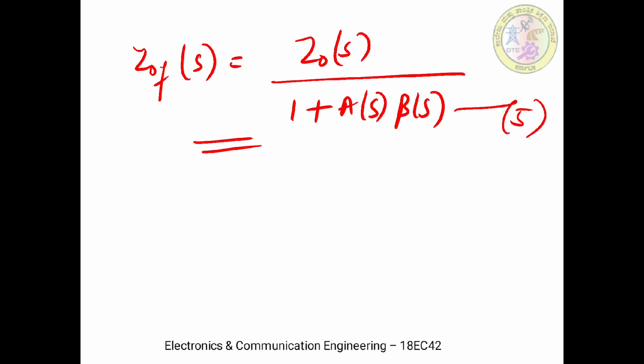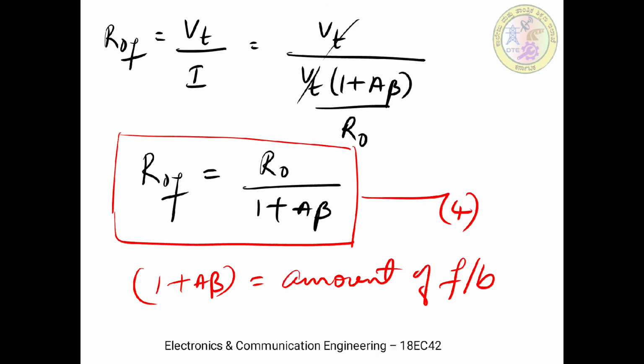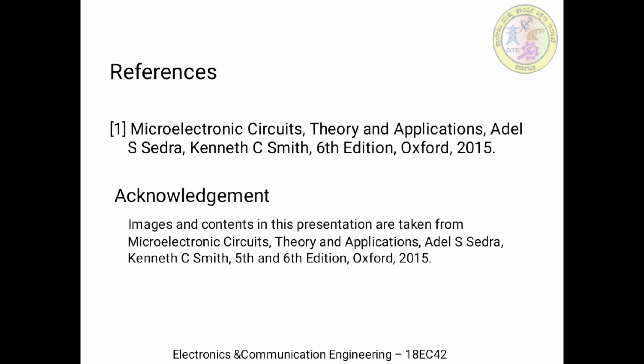Through equations 1 to 5, they represent the different relations between the input resistance with the feedback as well as the amount of feedback. With this we will conclude the derivation of resistances with respect to series shunt feedback amplifiers. Thank you.